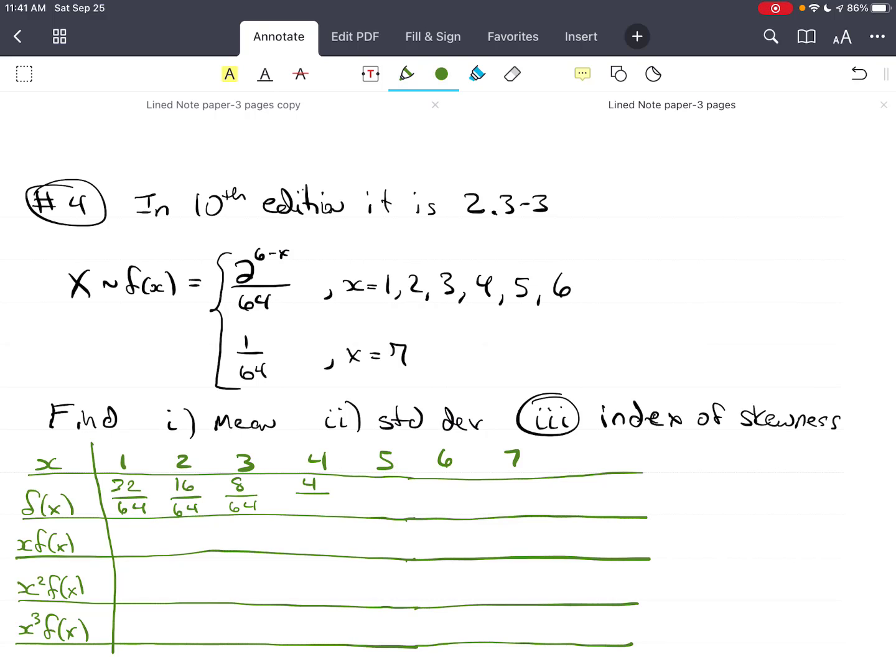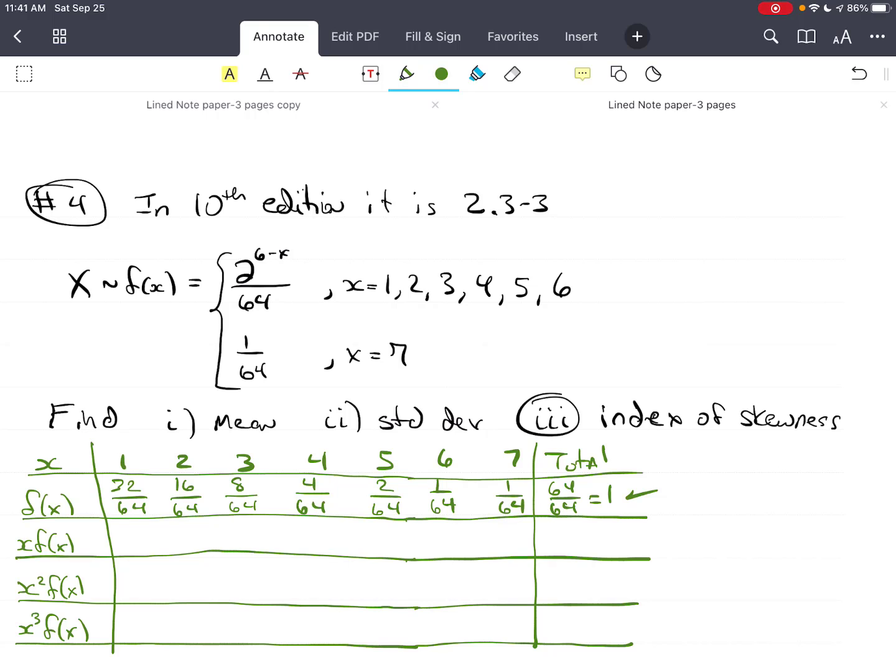I end up with 4 over 64, and then 2 over 64, and then 1 over 64, and for 7, it's given that it's 1 over 64. Okay? And if we total these up, we get 64 over 64, which is exactly what we need for a PMF.